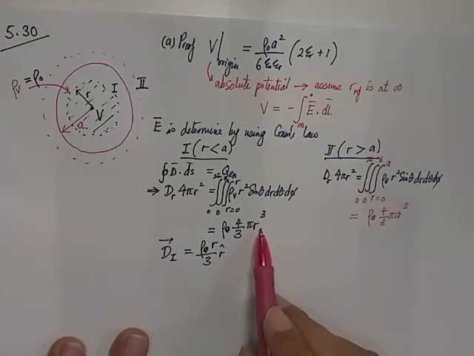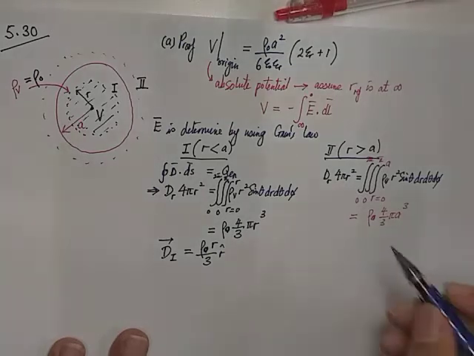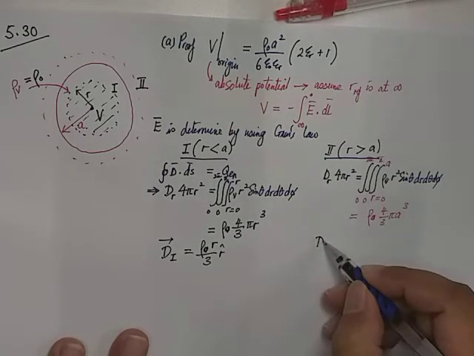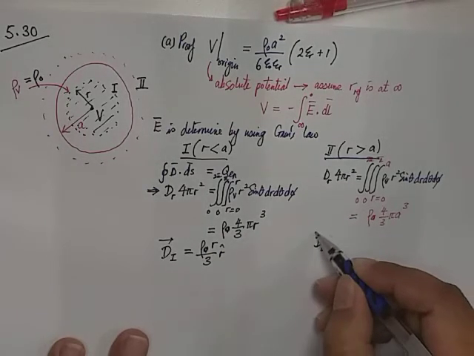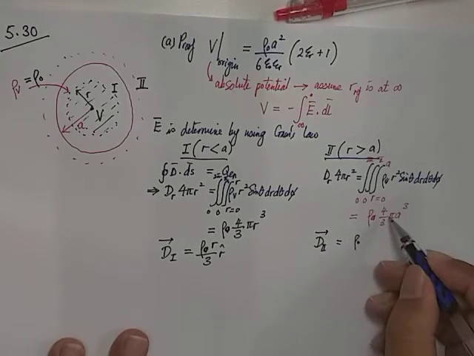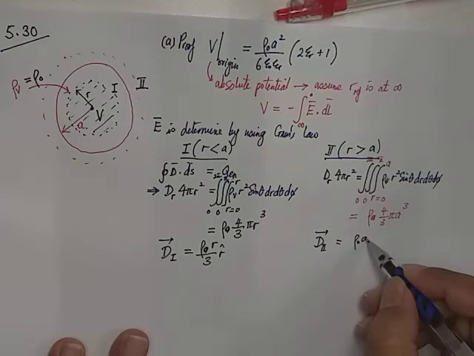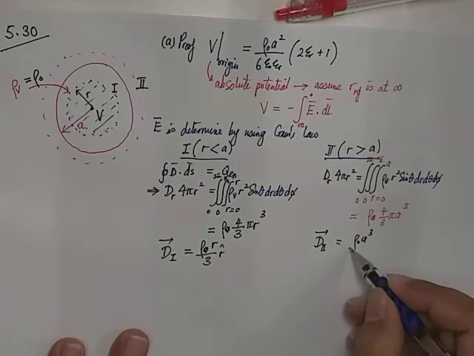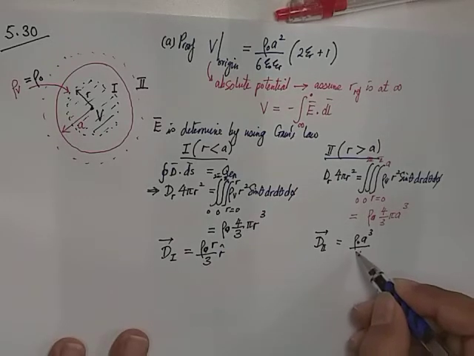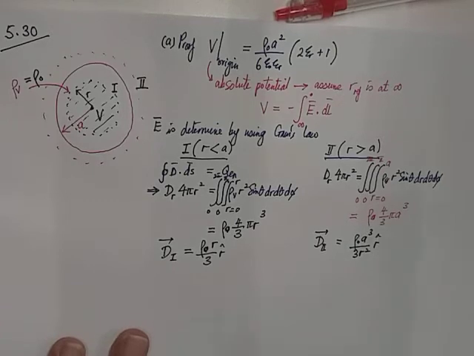Here for r cubed, now a cubed. So now let's simplify the mathematics. For D in region 2, it should be rho naught, we can cancel the 4 and the pi, a cubed over 3 r squared, in the r direction.